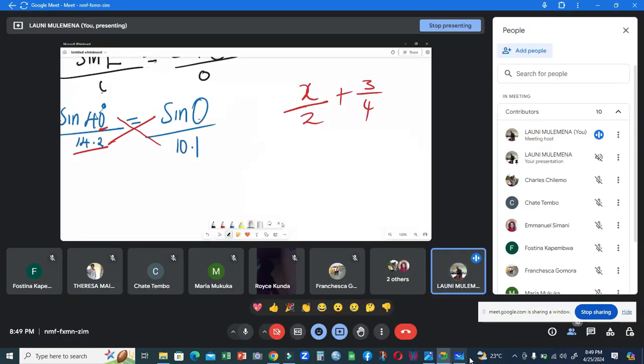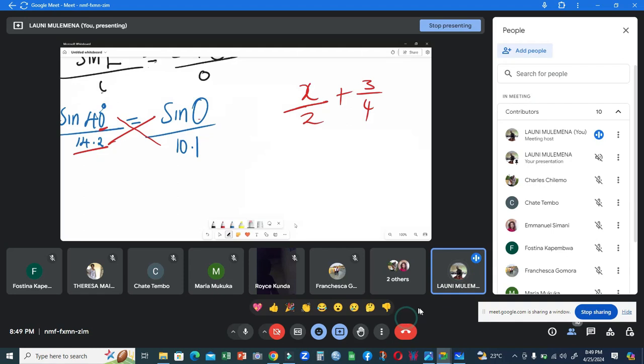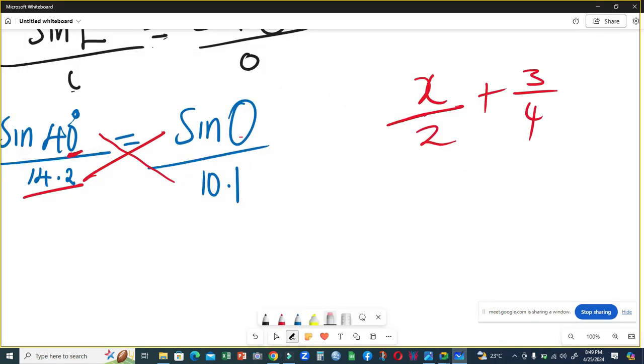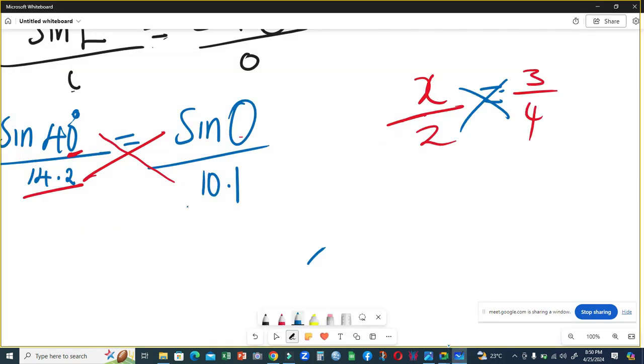So meaning that where there is a plus, if you put an equal sign here, then you can cross multiply. Okay? Hope I've emphasized on what condition you're supposed to cross multiply, because I don't want you to make any mistakes.